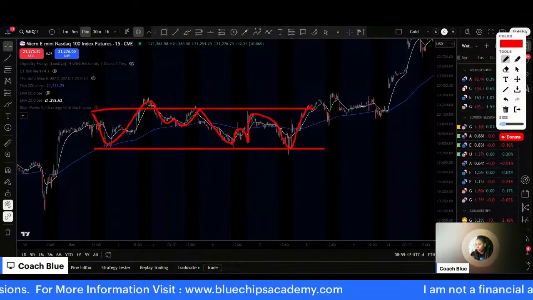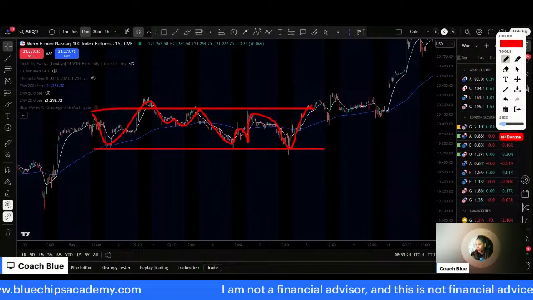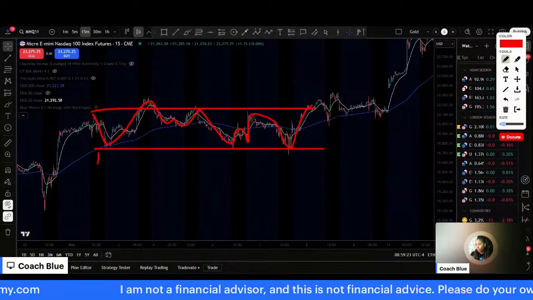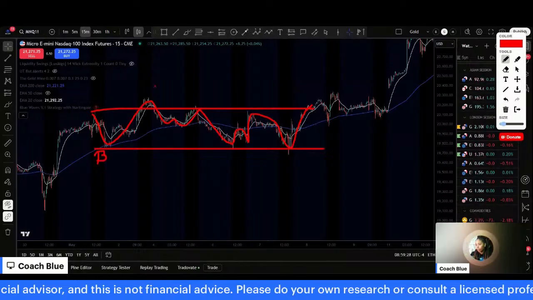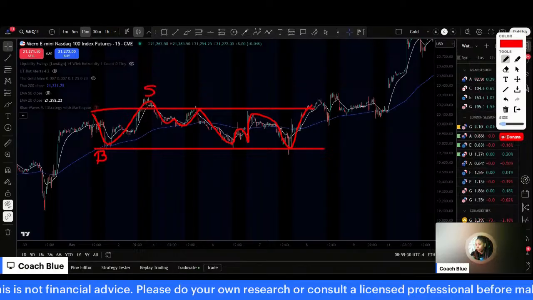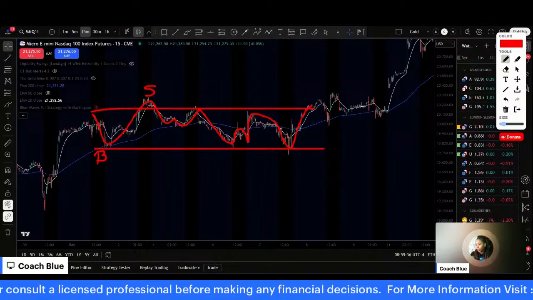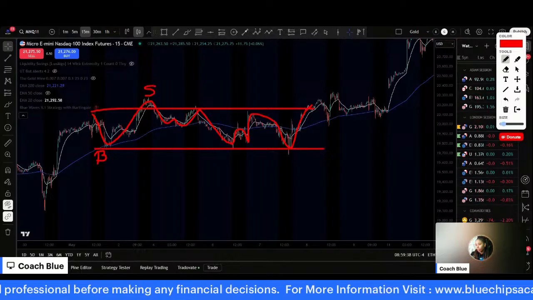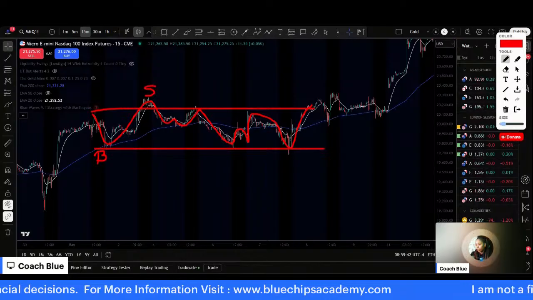And so when you're in a range, we look for buys at the bottom of the range. When you're in a range, we look for sells at the top of the range. That's extremely important to note. Buys at the bottom, sells at the top. So that's a range.